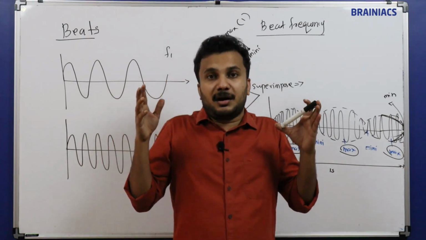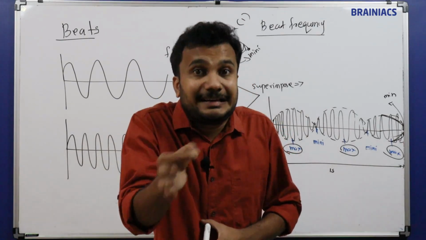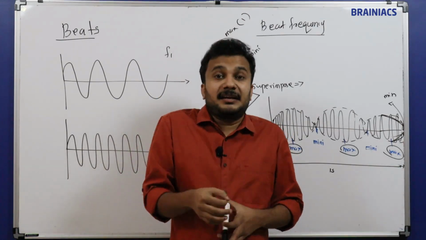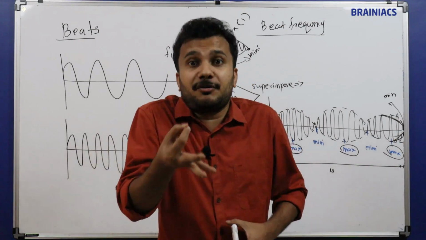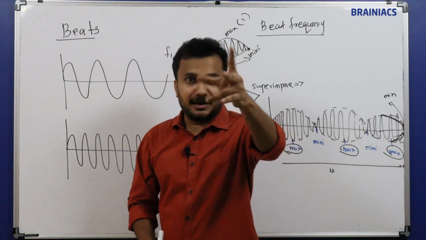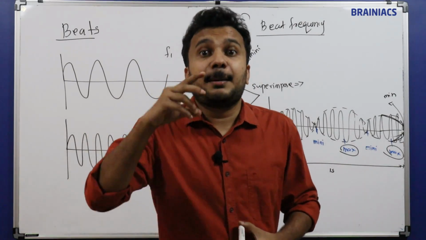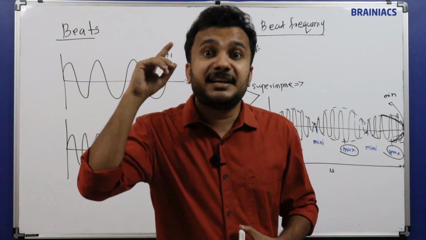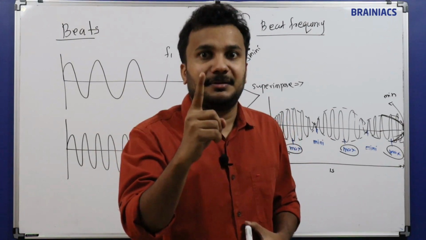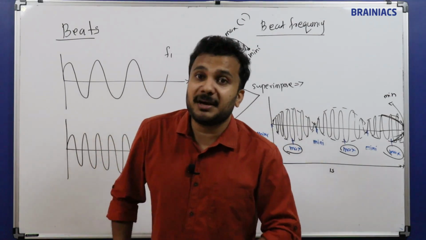Because of that increment, in the definition of beat frequency we are saying it is the number of maximas in 1 second. Otherwise we can also say it is the number of minima minus 1 in 1 second. Why are we saying number of minima minus 1?